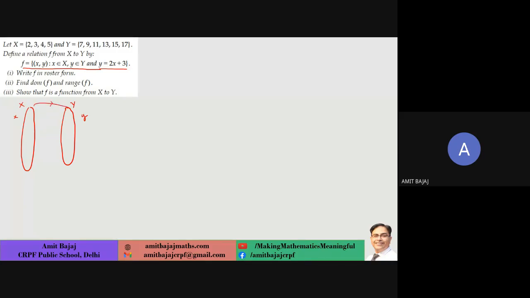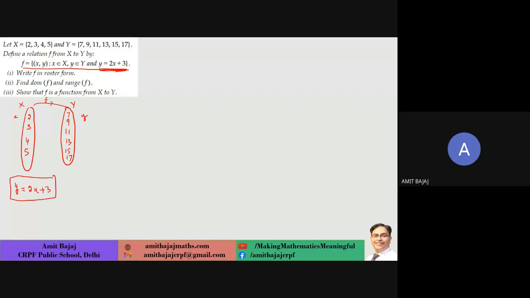There is a relation defined as, say, f here. Now X is 2, 3, 4, 5 and Y contains 7, 9, 11, 13, 15 and 17. So as per the definition, if you note carefully, y is given as 2x plus 3 over here.